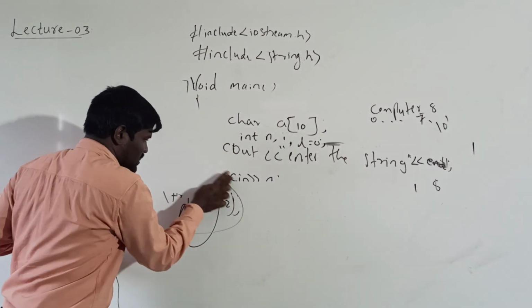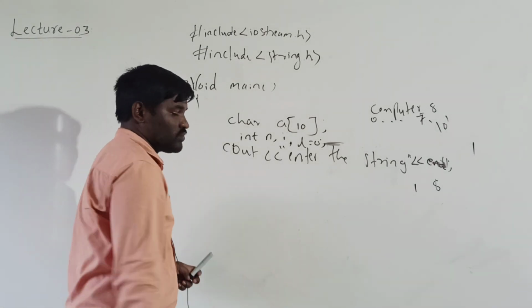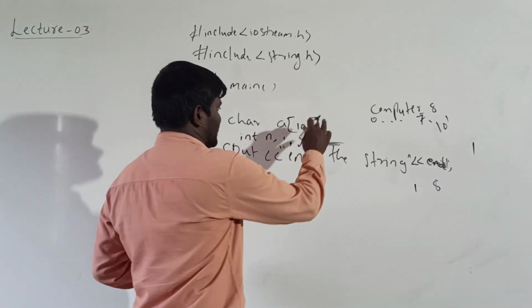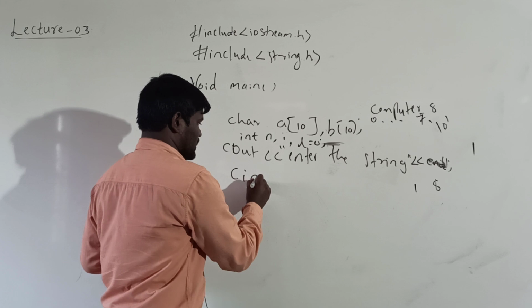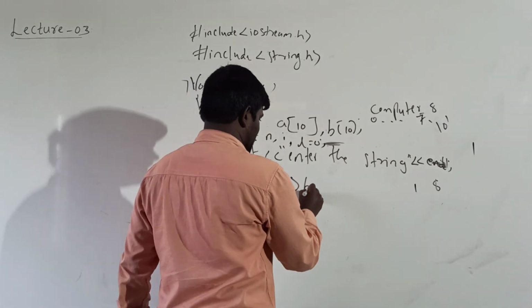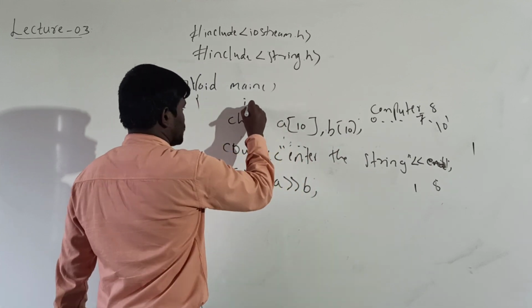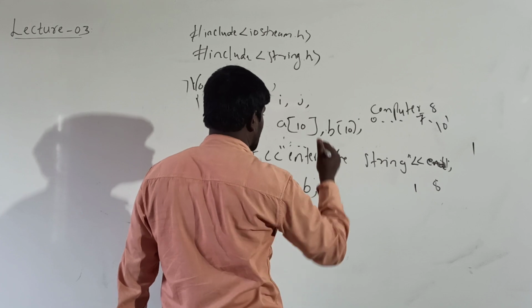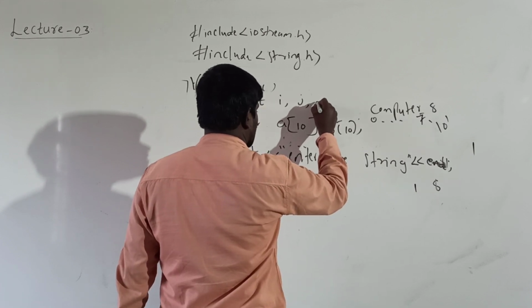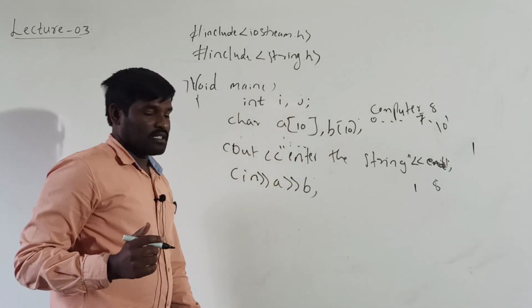So the first step is you can read the two strings. Here I can take int a[10], b[10], cin >> a >> b. Then int i, j.